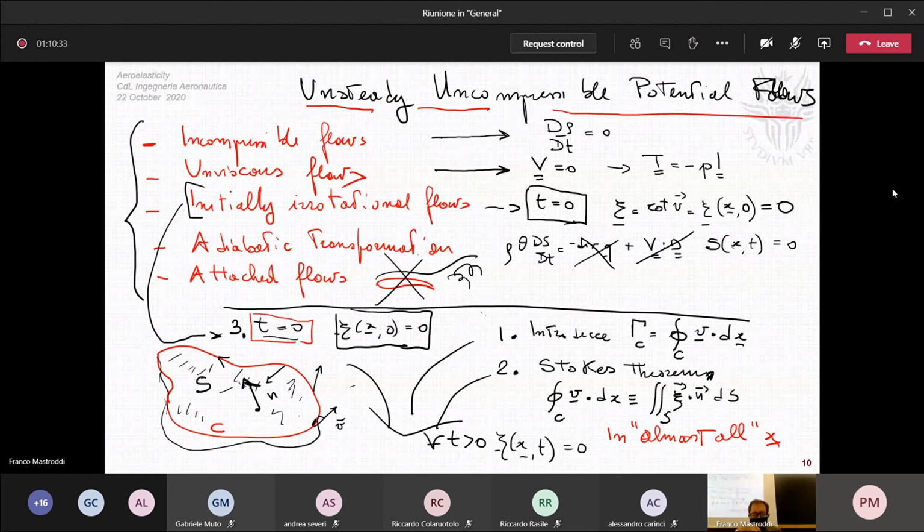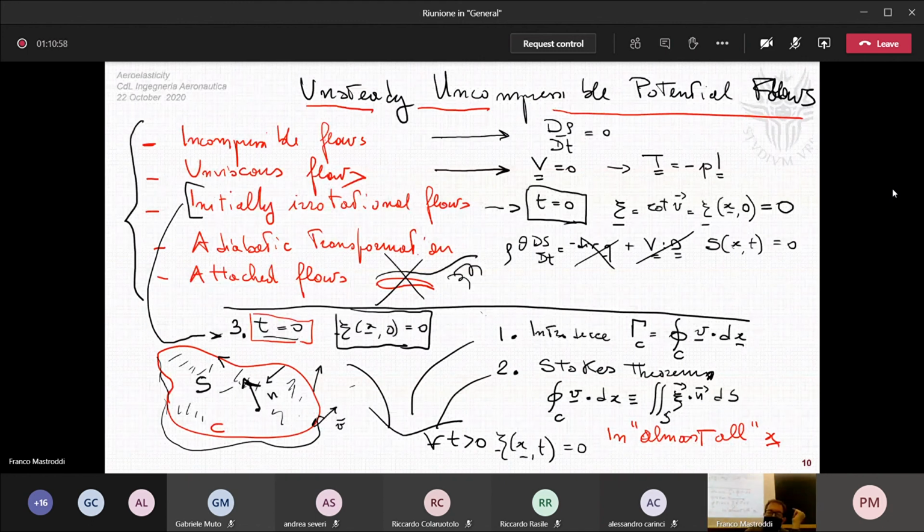At the initial time, we have that the vorticity is 0 by hypothesis. I want to consider this point, 0 vorticity at initial time, but I also want to introduce, as a further point, the circulation concept, and together with the circulation, the Stokes theorem concept.